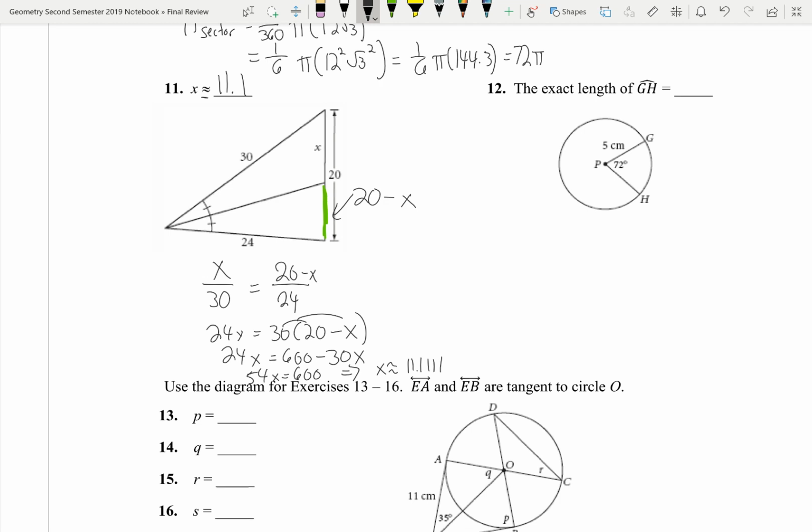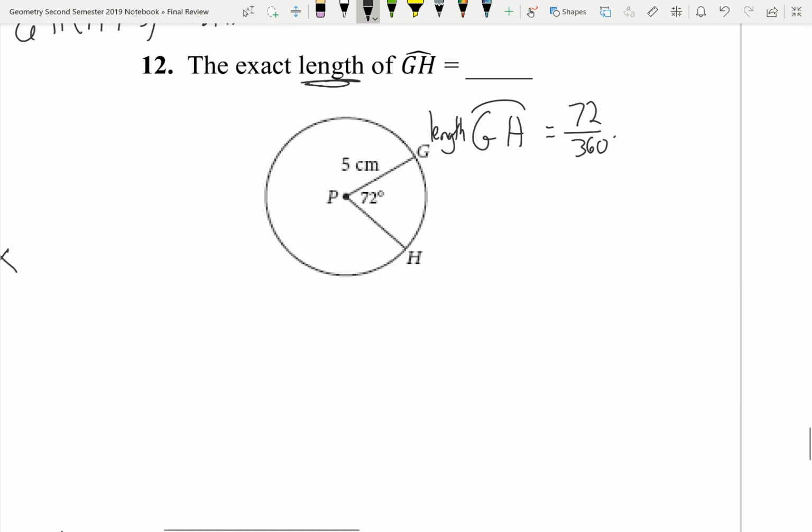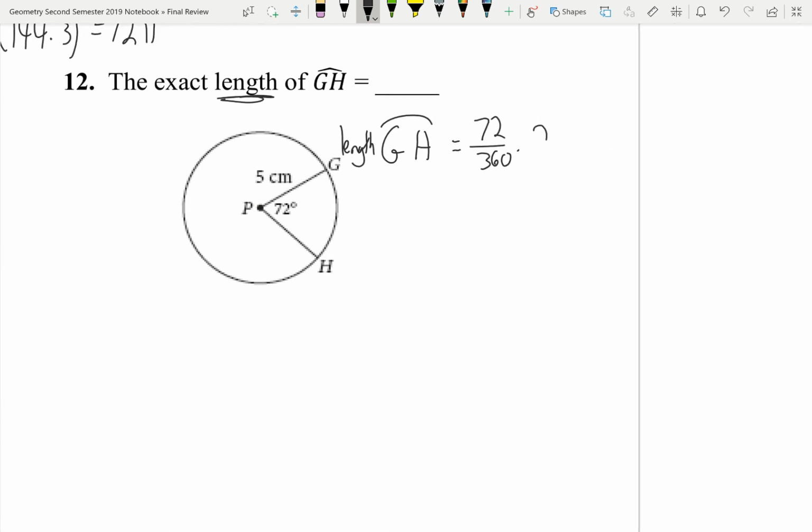Number 12, find the exact length of GH. When it asks for length, it's referring to a distance, not a degree measure. So the length of GH is going to be the central angle divided by 360 times the distance around the entire circle, which is 2 pi r. 2 pi times 5.